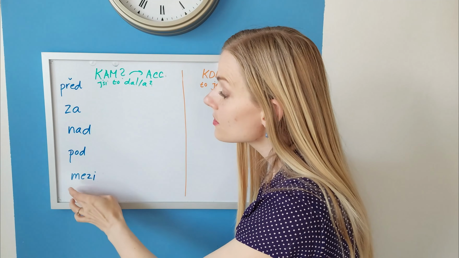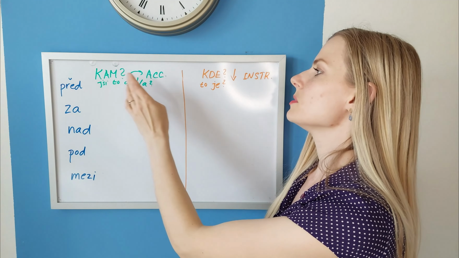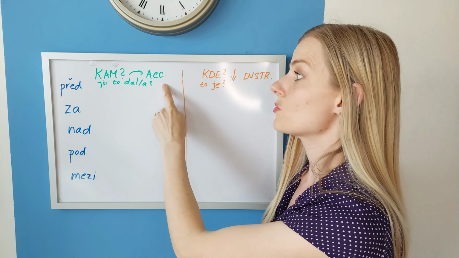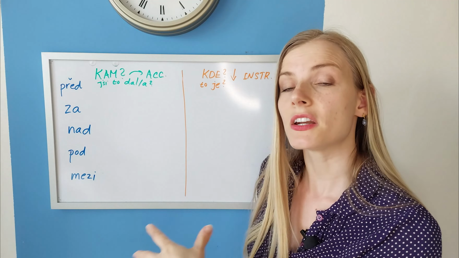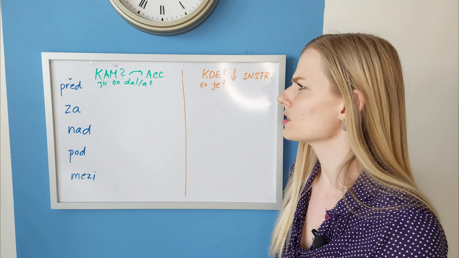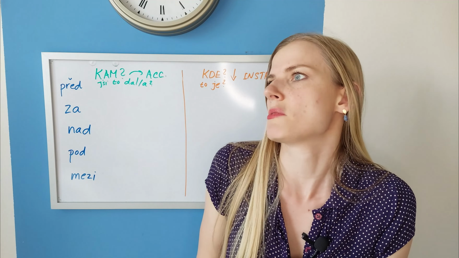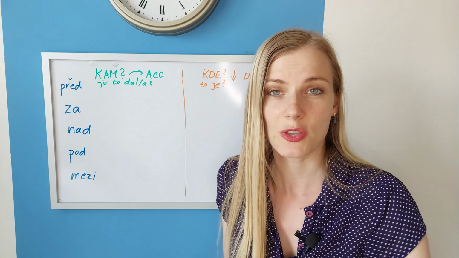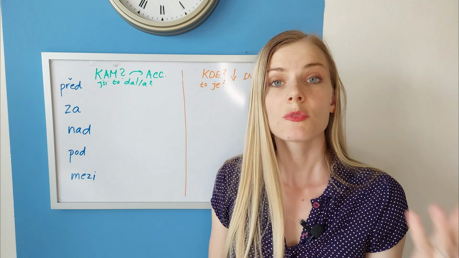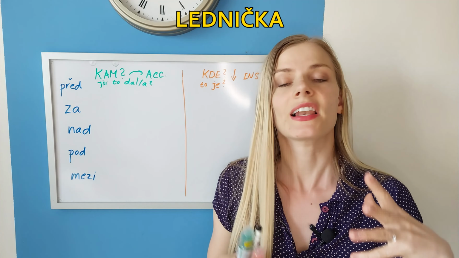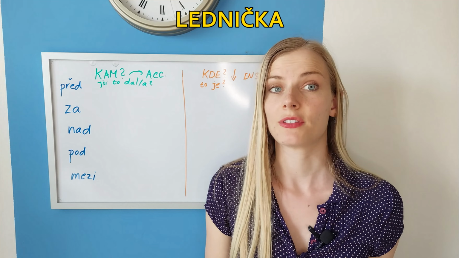And these particular prepositions would be followed by an accusative case if we speak about where we put something. For example, imagine you have an envelope with money or with a surprise and you want to hide it. I'm going to use the word fridge, lednička, as a reference.